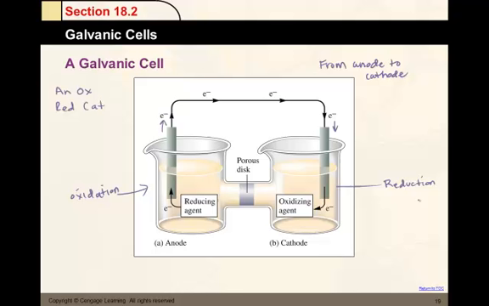Usually what happens is we have some sort of a liquid in here, and the liquid is some sort of a salt that contains a metal ion. And it's specific to that particular situation.